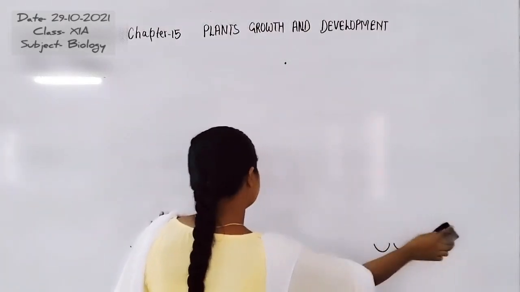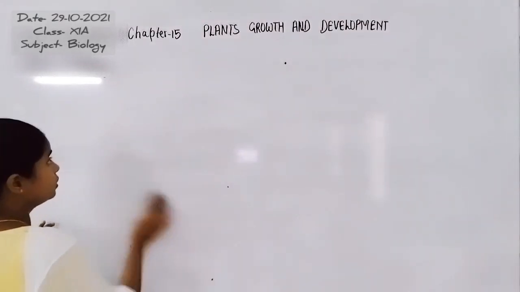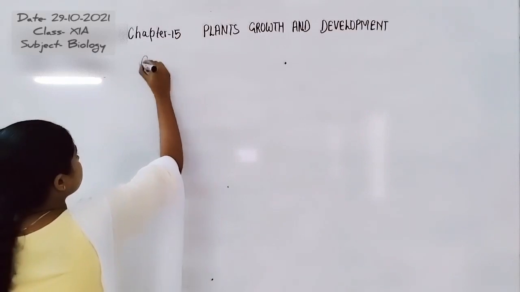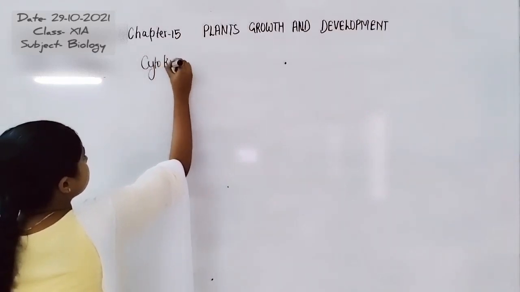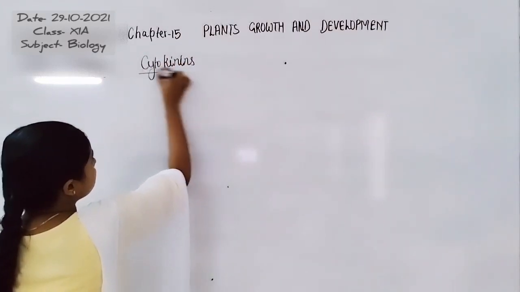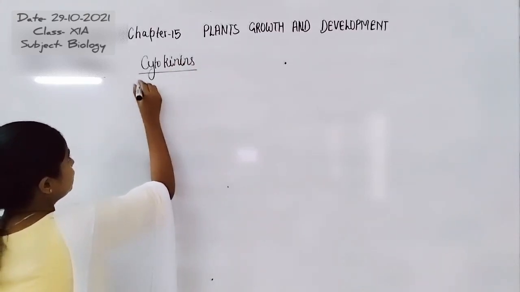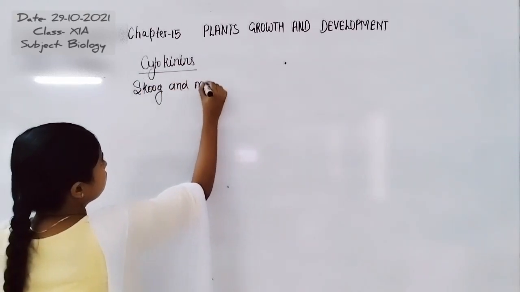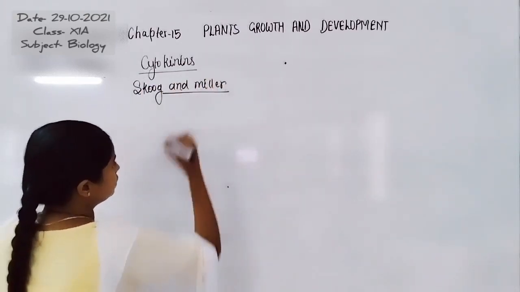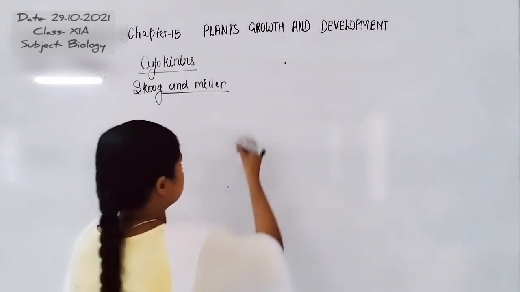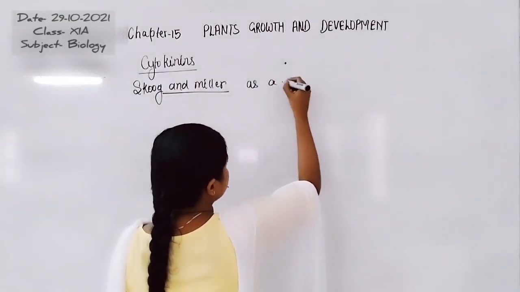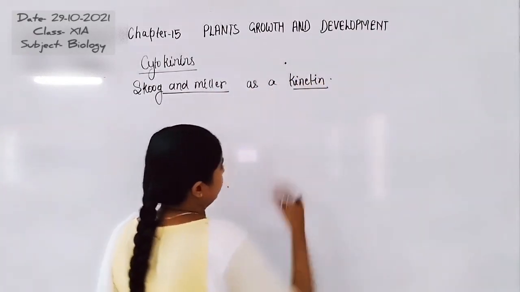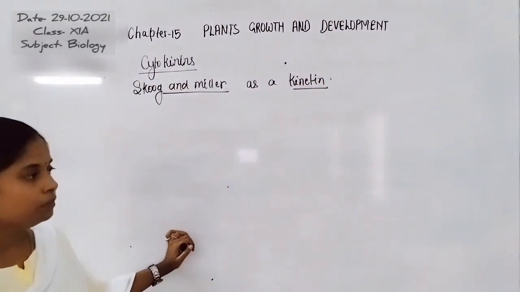The experimental discovery of cytokinins was done by Skoog and Miller as a kinetin, in coconut milk.